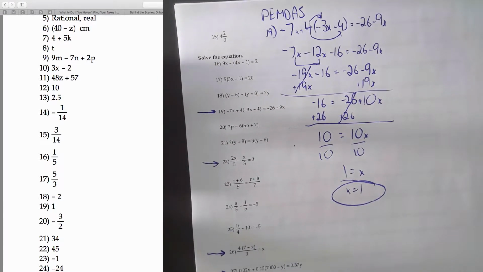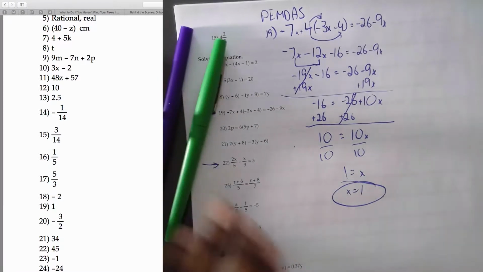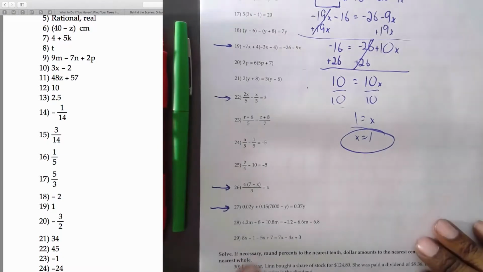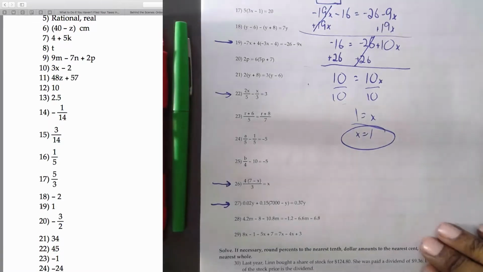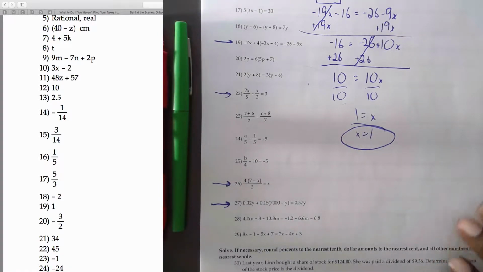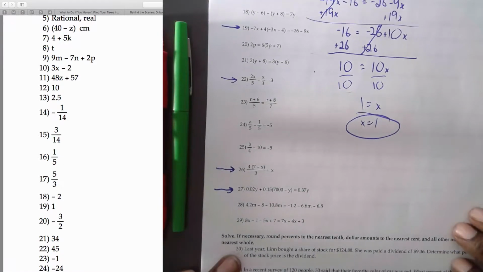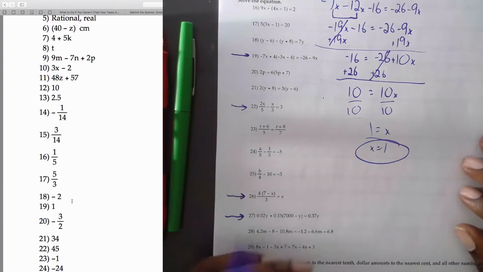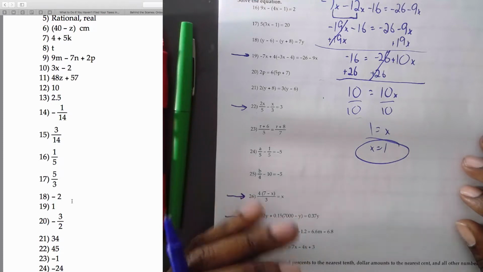All right, I'm trying to write big enough for everyone to see what I'm doing here. Let's look at 22. One thing that you can do while I'm doing this is to do it with me, because if you're writing these out, especially if you're having problems with it, the best way to understand mathematics is by doing it.